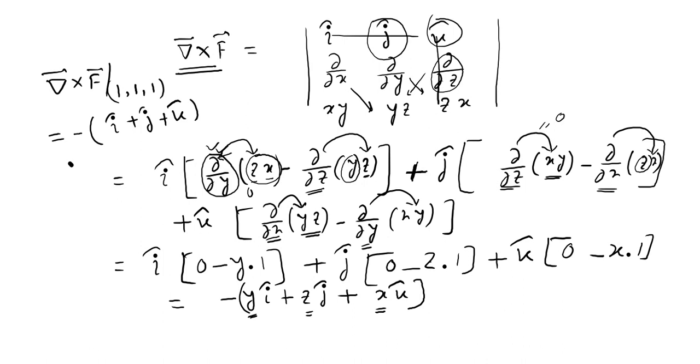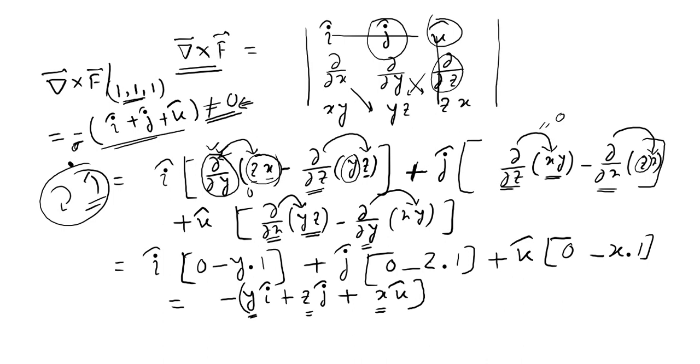So at that point 1, 1, 1, this is not equal to 0. There is a value, although it is a negative value. Negative value basically we can think there is a clockwise rotation. If it is positive, then we can think it is anti-clockwise. It depends on you. But here the one thing is that it is not 0.